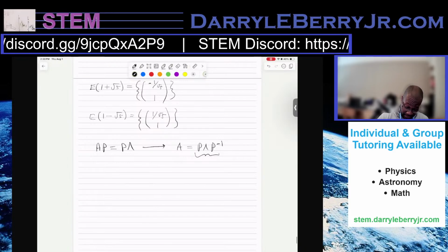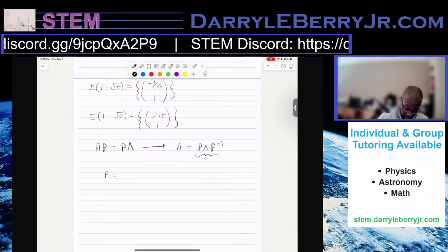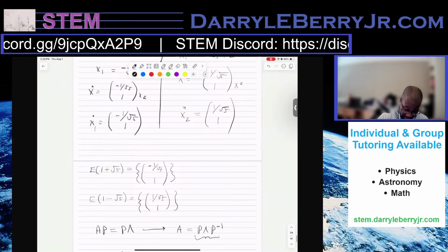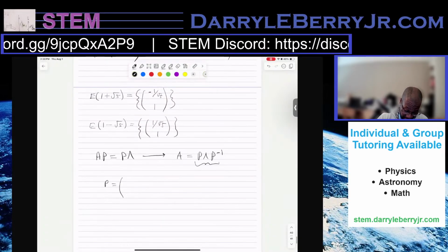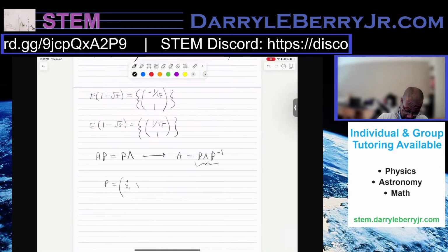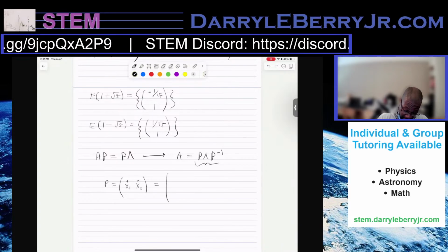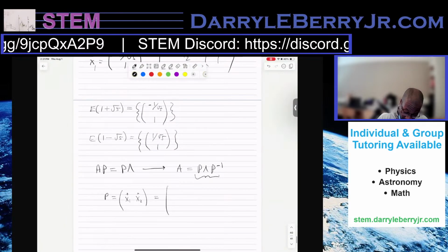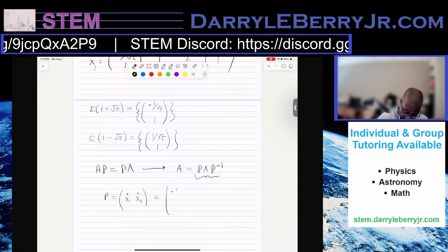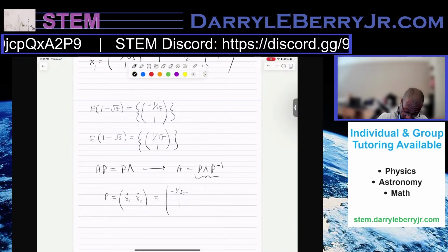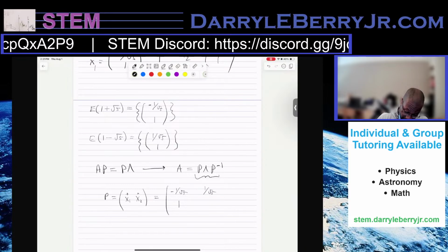So what that stands for is P equals the vectors. So if I called my eigenvectors x1 and x2, P is x1, x2, which means P is going to be negative 1 over square root of 5, 1, 1 over square root of 5, 1.